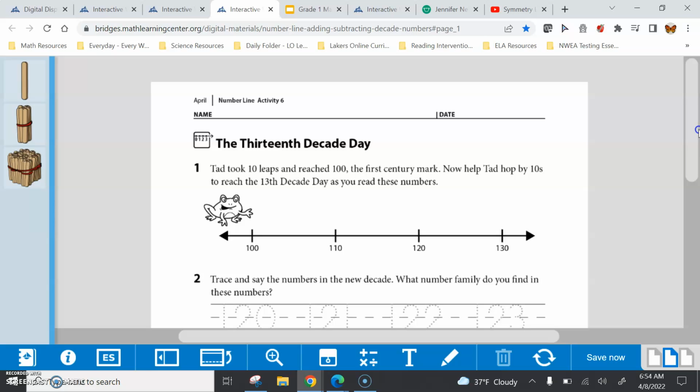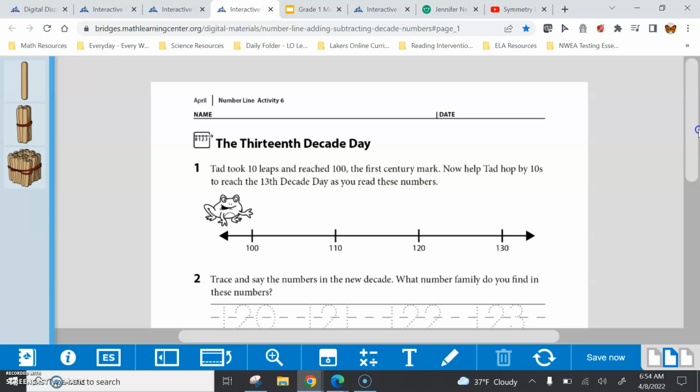It says the 13th decade day. Tad took 10 leaps and reached 100. The first century mark. 10 leaps and 10 groups of 10 equal 100. And 100 years is equal to a century.